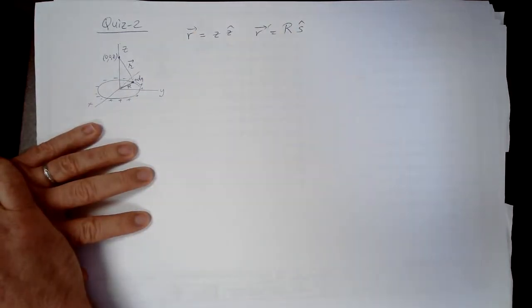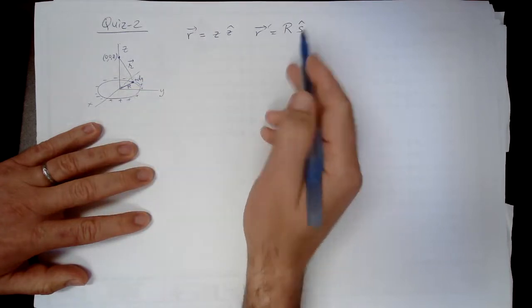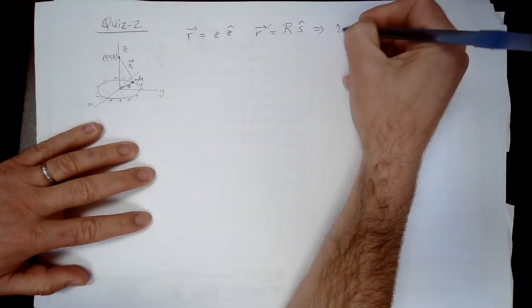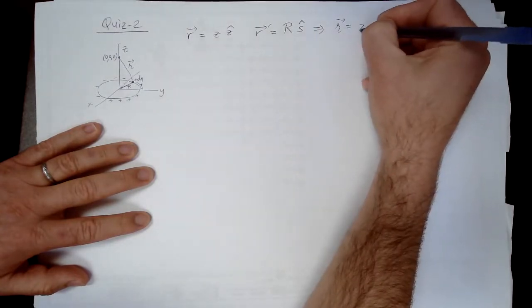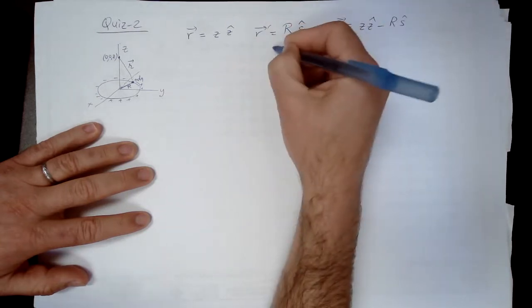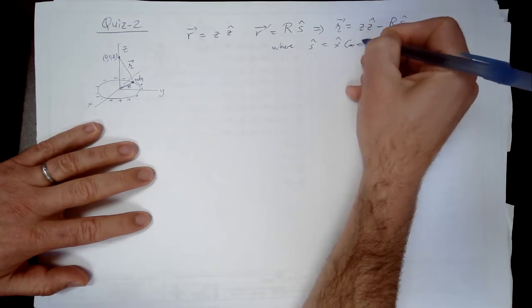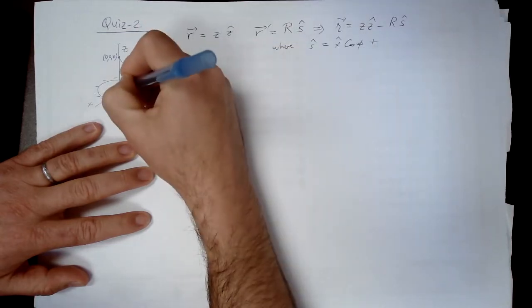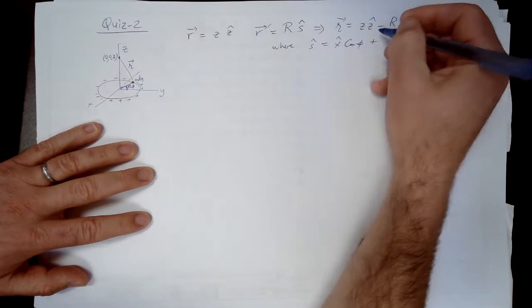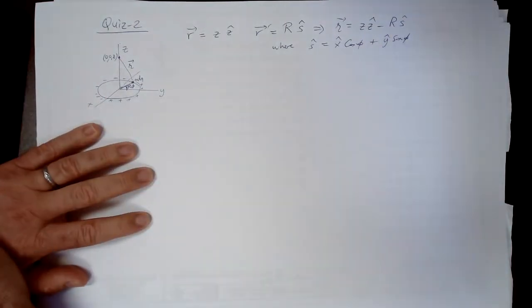Okay, so now s hat is a variable vector. I got to be careful about that. But then the script R would be z z hat minus R s hat. Remember, I can write s hat as x hat cosine phi plus, again, this angle is say phi, y hat sine phi.